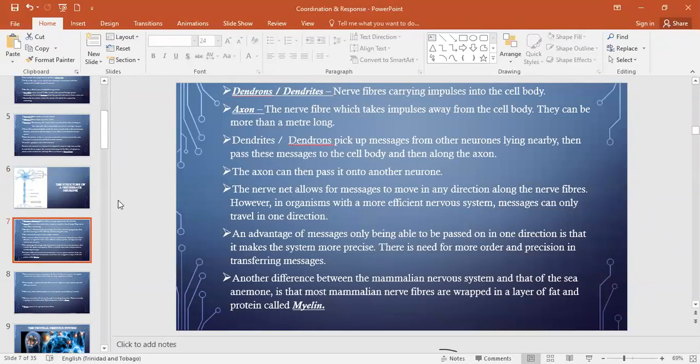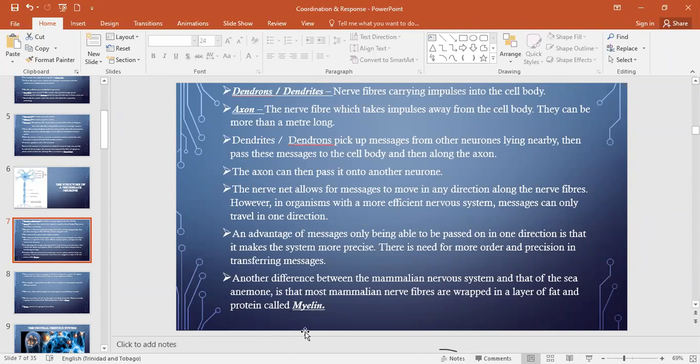So once messages are allowed to pass in only one direction, it makes the system more precise. It will not allow for any mix-ups. It's more order, more precision, as compared to allowing the messages to move in any direction along the nerve fibers. And it also allows for the information to be transmitted at a faster rate as well.